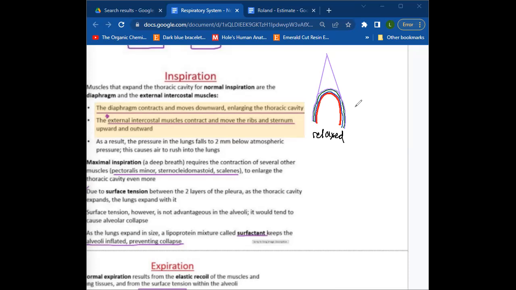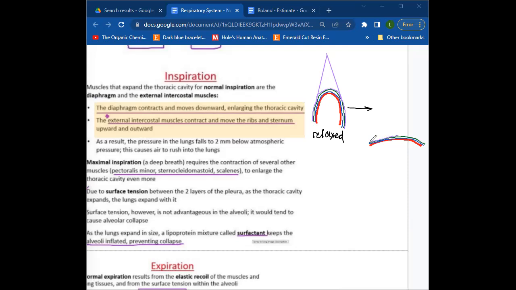So what happens is that when the diaphragm contracts, it's going to move downward and flatten out. It's going to get pulled downward, and it's going to become very flat. When the diaphragm contracts and pulls downward, that's going to pull on the parietal pleura. And the parietal pleura will then pull on the visceral pleura.